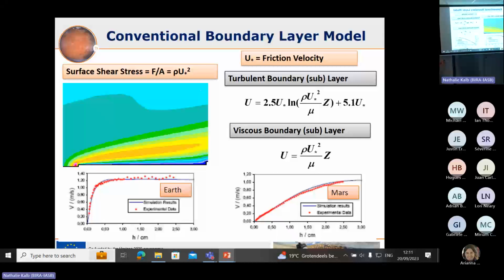So this logarithmic layer is really what is dominating on Earth and also on a large scale on Mars. But what is pretty cool on Mars is that this viscous layer is quite thick, centimeters thick. So this is a kind of qualitative difference between Earth and Mars in that there's a thick viscous layer on Mars, and this almost certainly affects the transport of particles, how they behave.